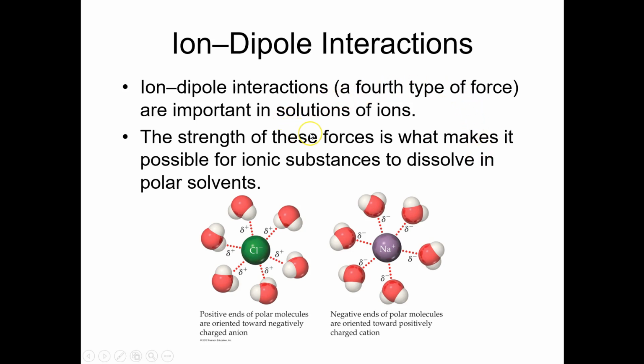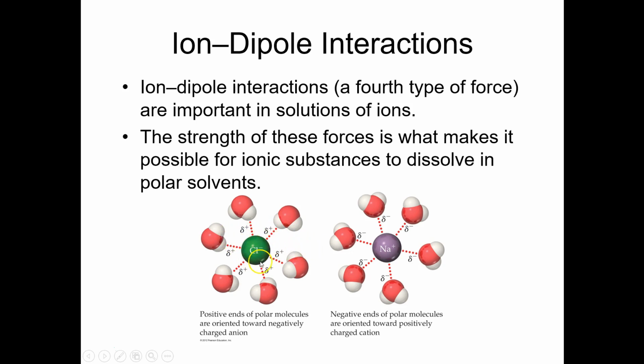And that simply means that if you have an ionic substance, it'll often tend to be, say, soluble in a very polar liquid, water being the great example. So here is what happens. Ion-dipole interactions are exhibited, say, when you dissolve sodium chloride, that is table salt, in water.